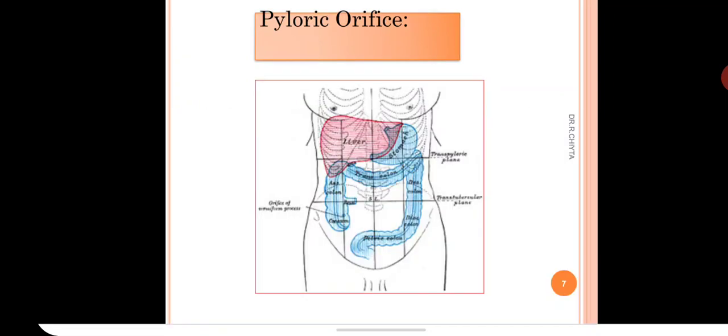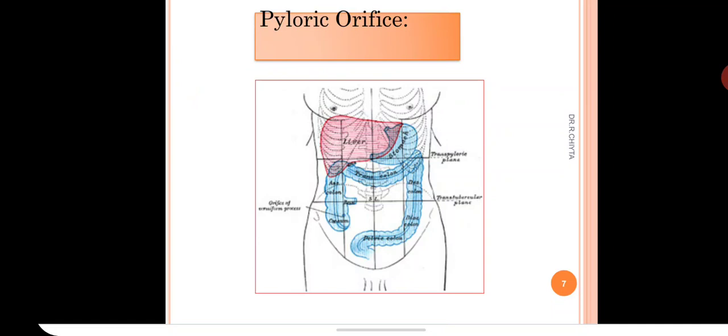What is the level of the transpyloric plane? At the lower border of L1 vertebra, provided the stomach is empty and the subject is in the supine position. Cardiac end is to the left and pyloric end is to the right of the midline.